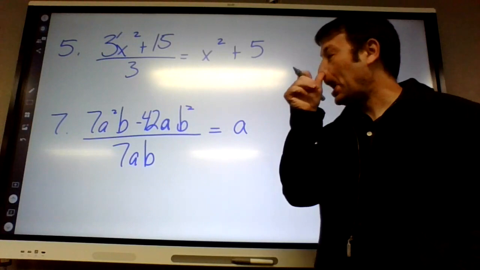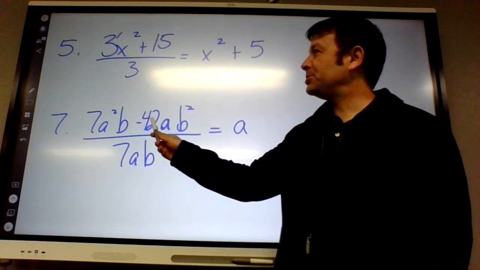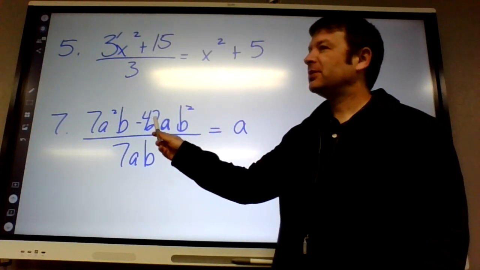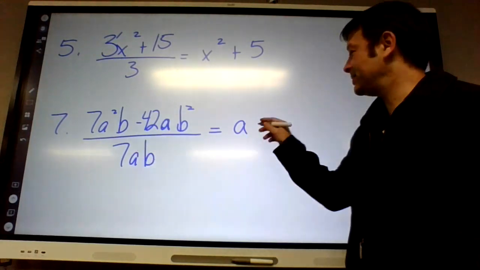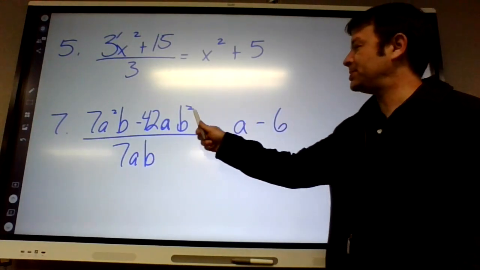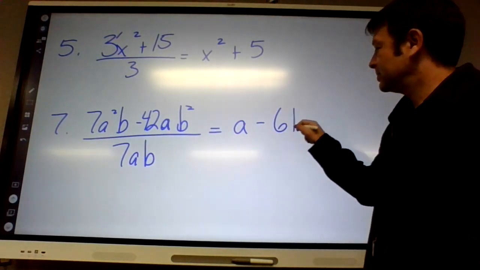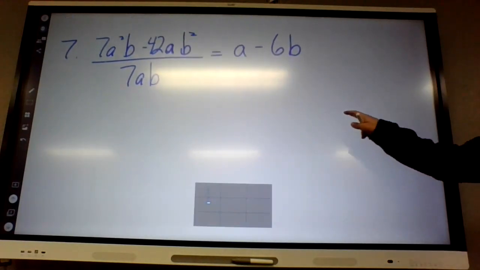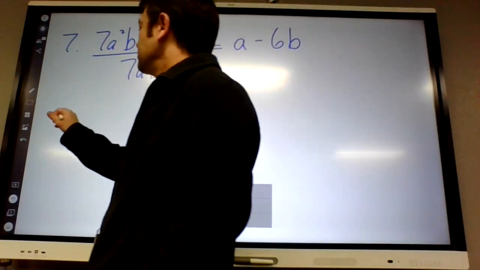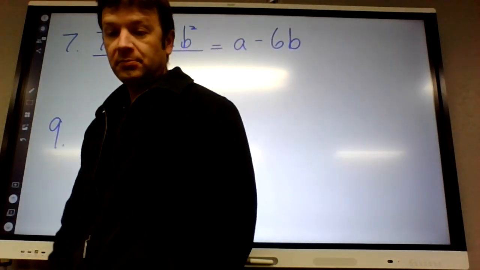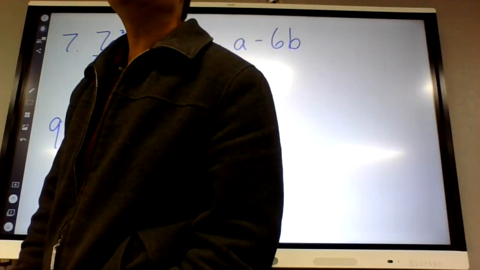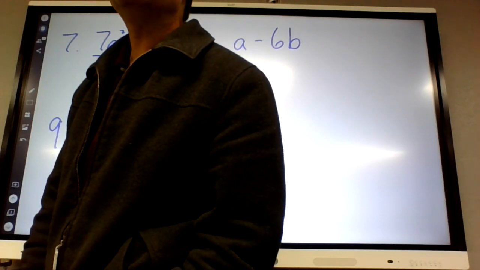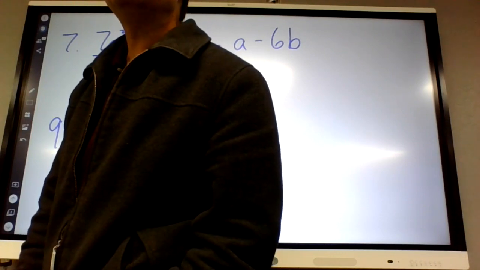Wait, negative 6b. Okay, yeah. 42 divided by 7 is minus 6. B squared divided by b is b. The a's cancel out. Mr. Jordan, if this becomes 0, the a's are already 0, so why don't the b's cancel out?